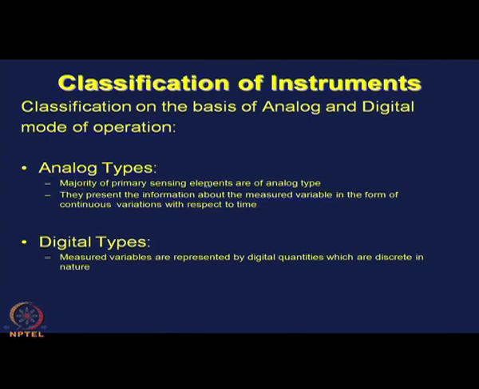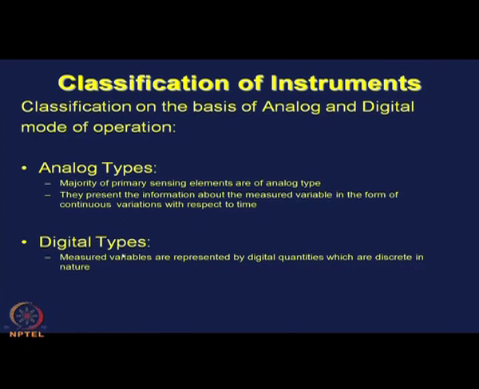Majority of the primary sensing elements are of analog types. They present the information about the measured variable in the form of continuous variations with respect to time.